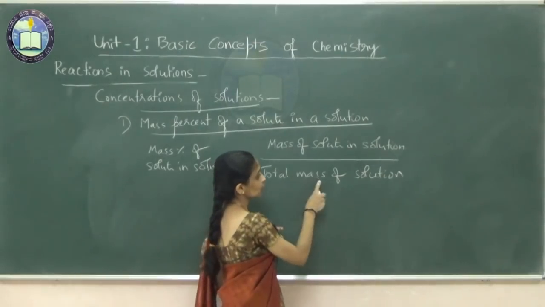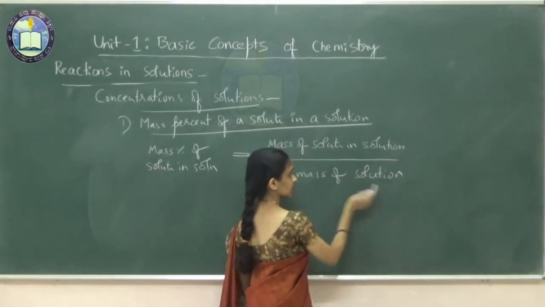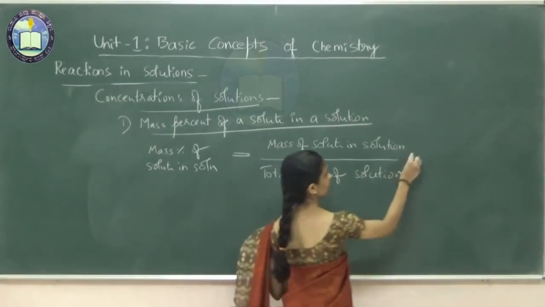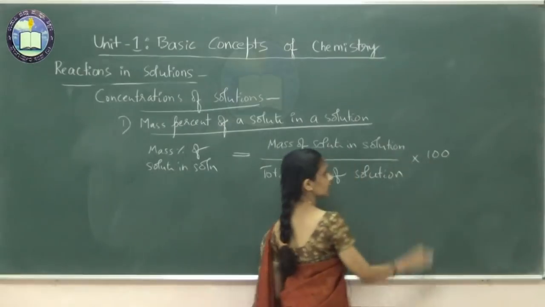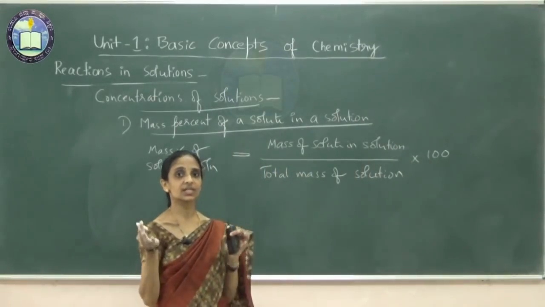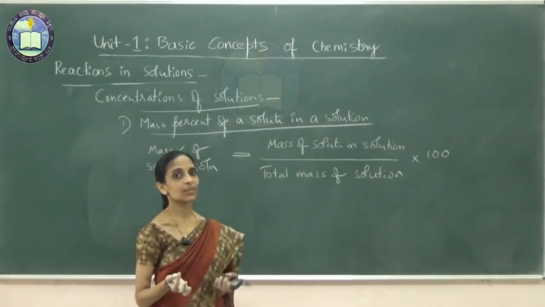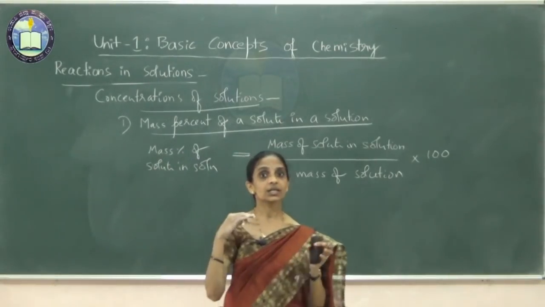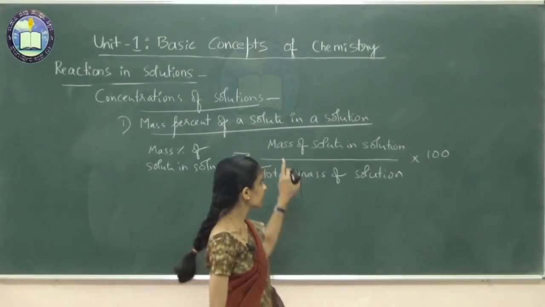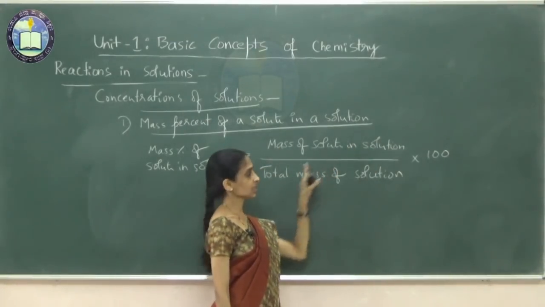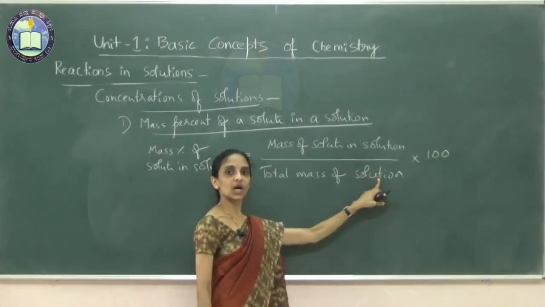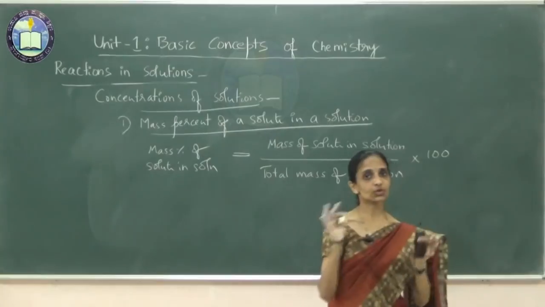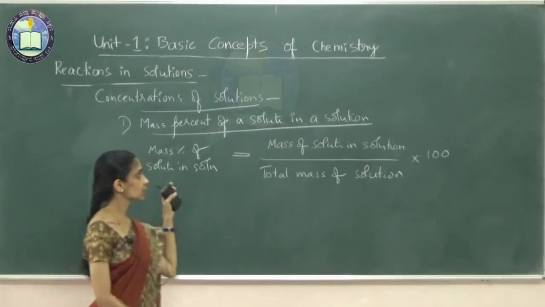So when I say total mass of solution, it means total mass of solute and solvent. And because you need to express it in percentage, multiply by 100. So even the previous formula in the compounds was similar. Here you had mass of element, there you had molar mass of compound and multiplied by 100. Okay, so both the formulae are very similar, it is easy to remember.